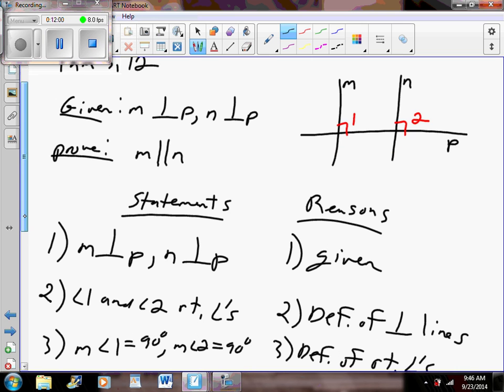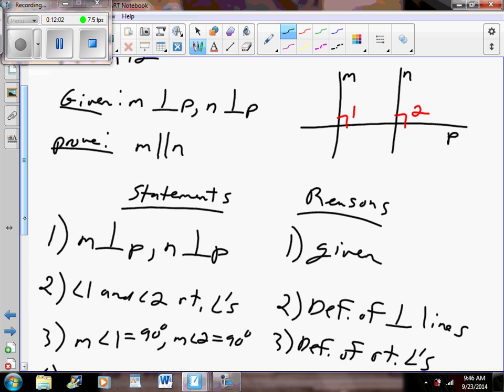So what do we want to begin with? Our two-column proof with our statements and our reasons. We begin with the given statement: M perpendicular to P, N perpendicular to P. The justification for that, as you can see, is what's given to you. Next, angle 1 and angle 2 are right angles. We're being very methodical, don't want to cut any corners here. How do we know that they're right angles?